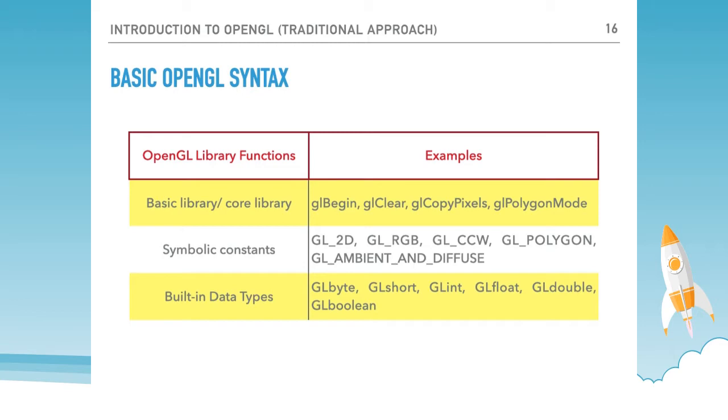To indicate a specific data type, OpenGL uses special built-in data type names such as GLbyte, GLshort, GLint, which is GL integer, GLfloat, GLdouble, and GLboolean. Now, each data type name begins with the capital letters GL, and the remainder of the name is the standard data type designation written in lowercase letters.